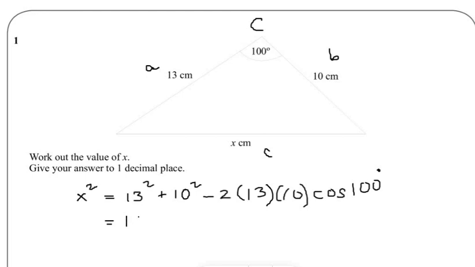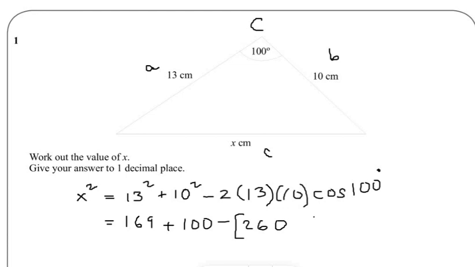So 13 squared is 169 plus 10 squared is 100 minus, now in this case it is a good idea to put in brackets, 2 times 13 is 26 times 10 is 260.